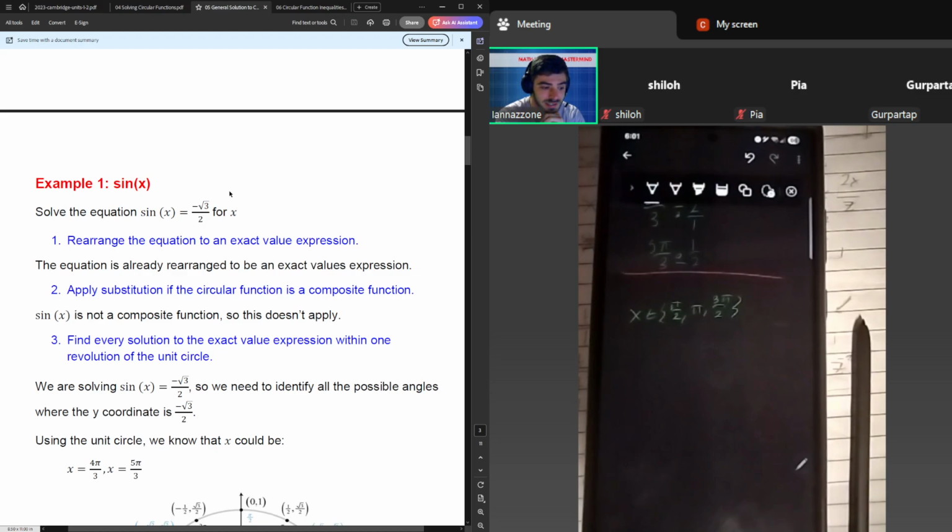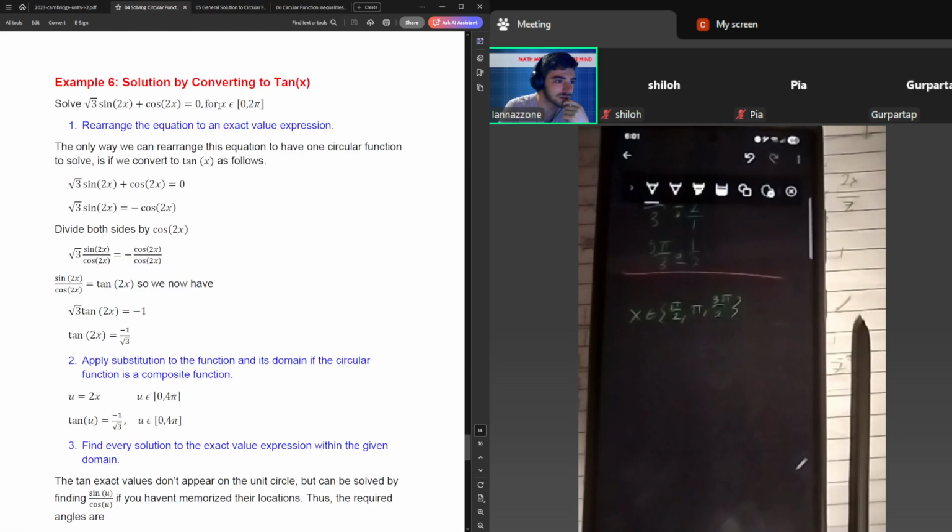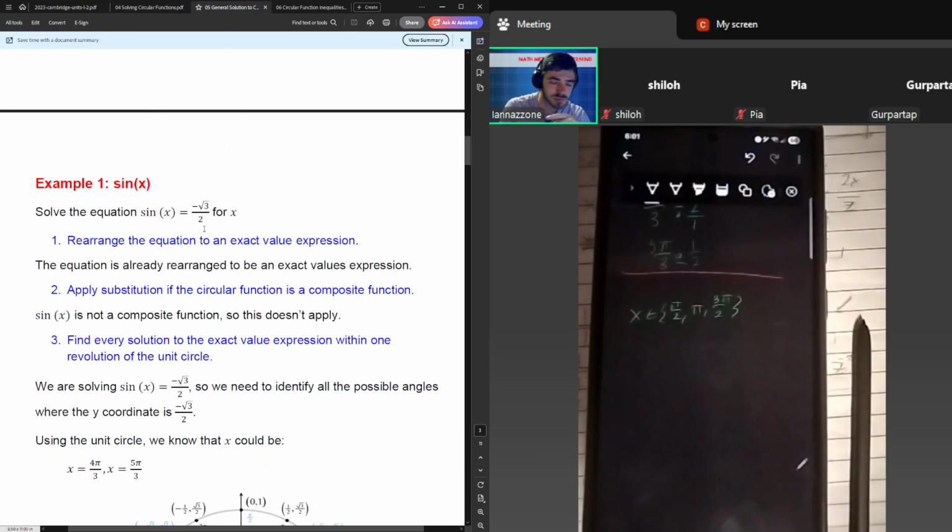If it's like an application question though, and there's a clear domain that isn't necessarily explicit, like for instance tidal waves over 24 hours, they might not have said 0 to 24, but the implied domain is 0 to 24. So I guess all I'm trying to say is, don't think that just because you don't have exactly this written, that there isn't some implied domain. If there's no implied domain, then yeah, you're doing this. But if there is, you're doing the previous stuff.